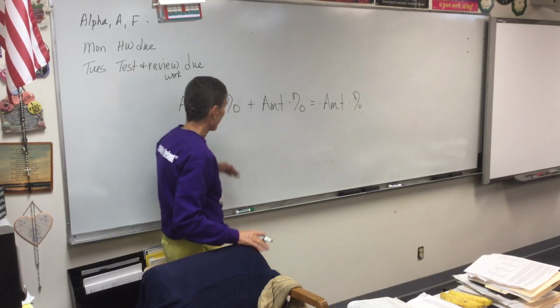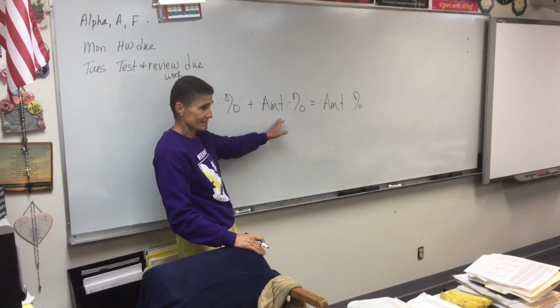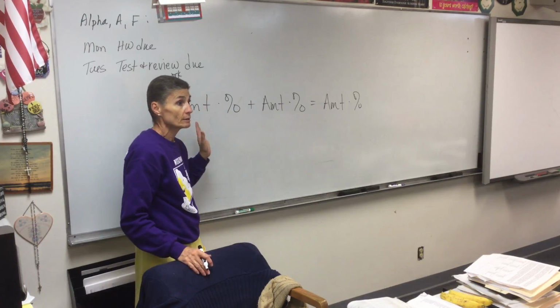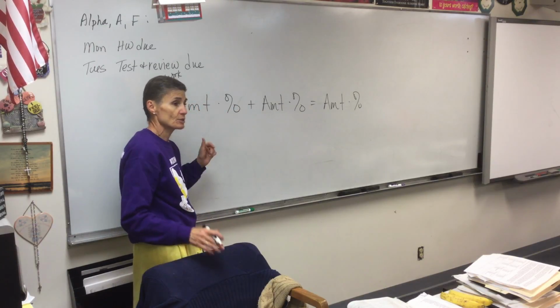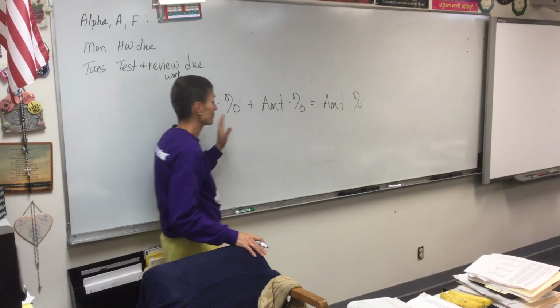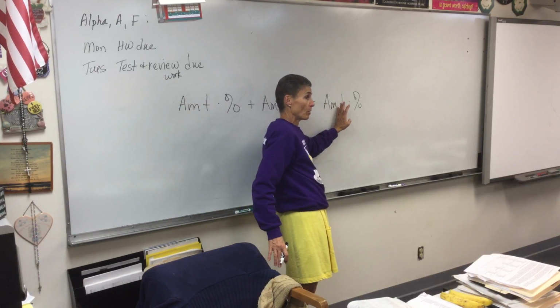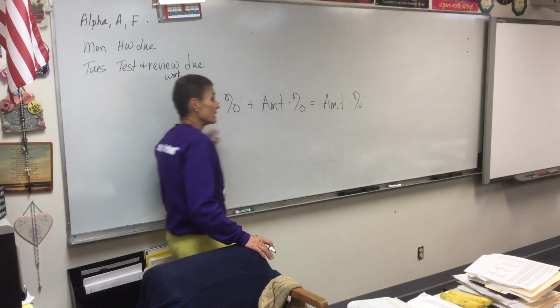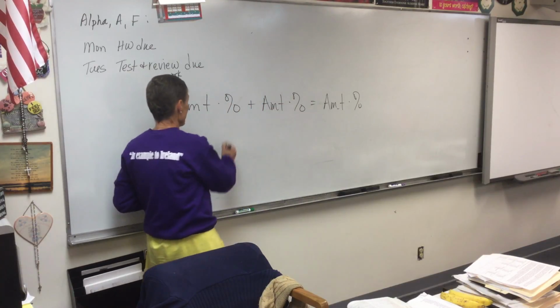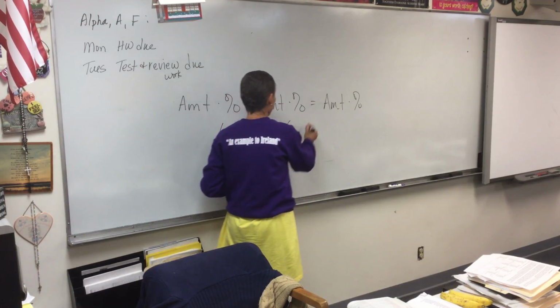So in a mixture problem, you're mixing two things together or more. It could be more than two. Usually it's two. You're mixing two things together and coming up with a final product. In these problems, the percentages are always known.